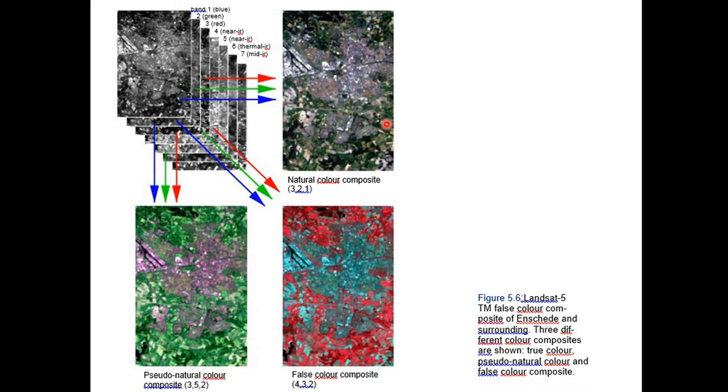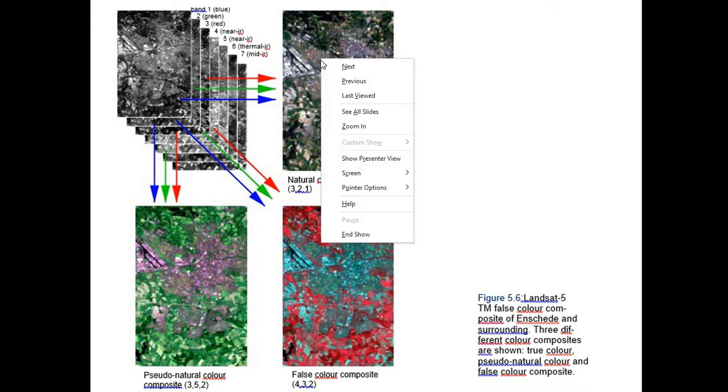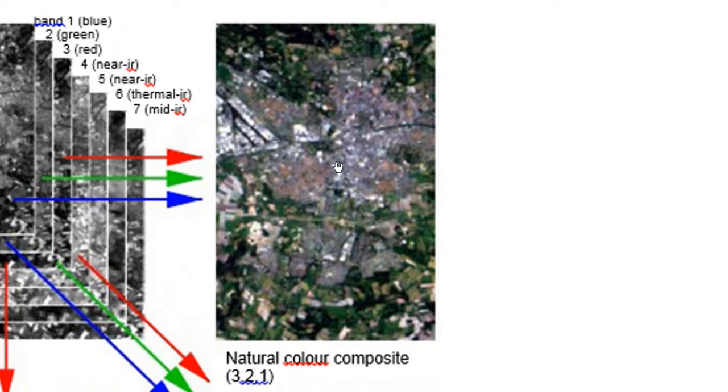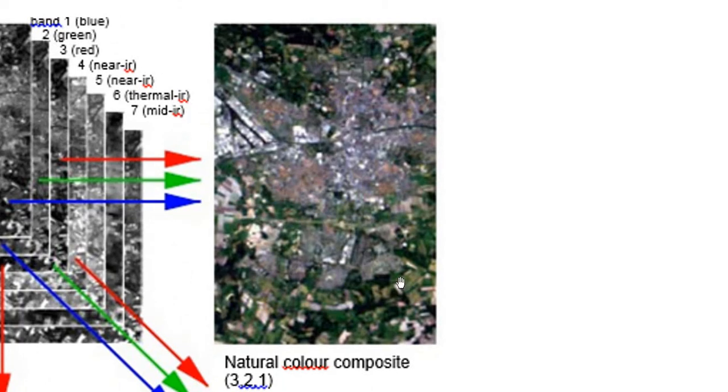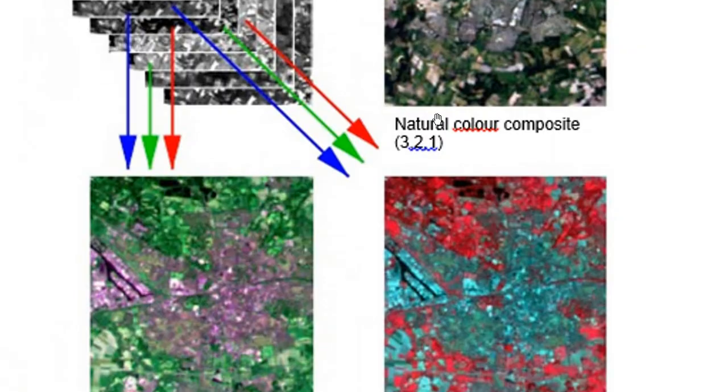But that is not applicable to visualize properly. Here you can see the vegetation has different colors. I can zoom in. There are different vegetation colors: dark vegetation, light vegetation, a yellowish color, and different types of soil and buildings.